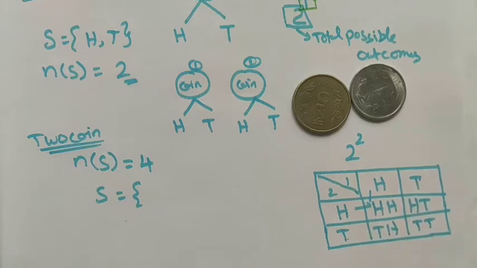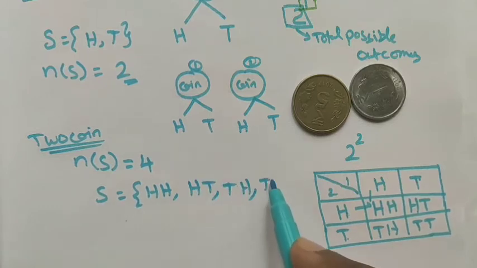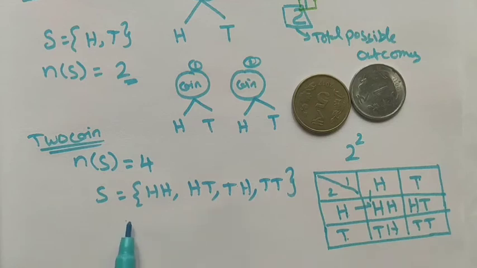These are the total possible outcomes by using 2 coins or tossing a coin twice: head, head, head, tail, tail, head, and then tail, tail. So the sample space for 2 coins is both head, head tail, tail head, and tail tail.